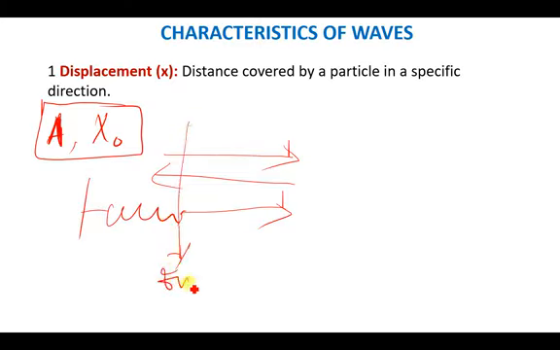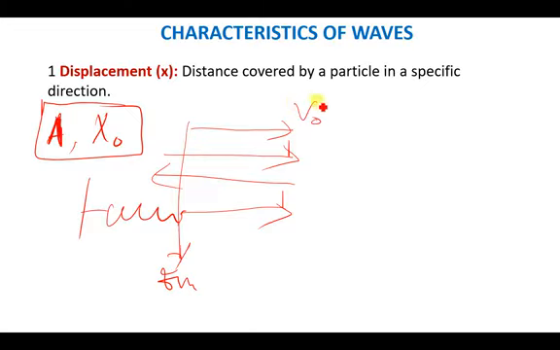The equilibrium point is a point where the displacement of the particles in the spring is equal to 0. Then when it goes this side, it moves a certain distance, and at maximum displacement the velocity is going to be closer to 0.